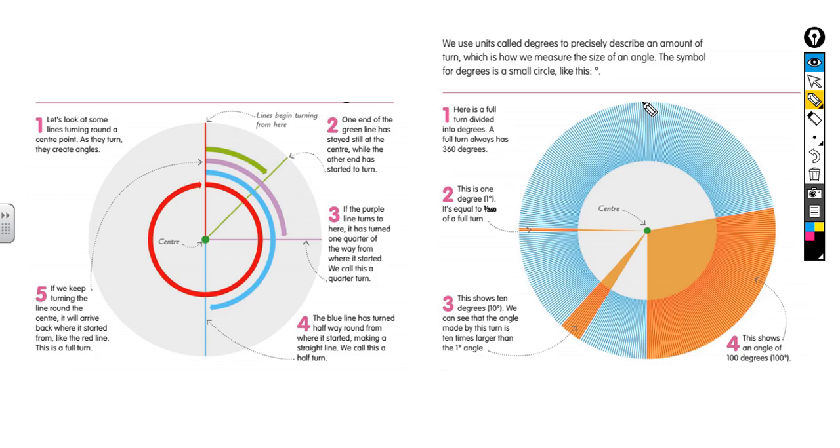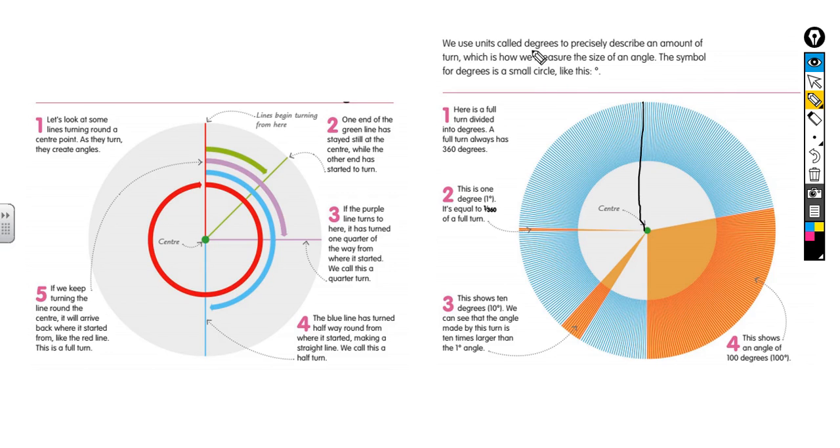Imagine this is again our fixed point, and we're moving this string all the way around. This circle has been subdivided into 360 perfectly equal divisions. Okay, and we call each of these a degree, 1 degree.